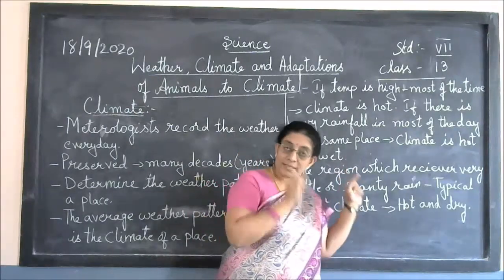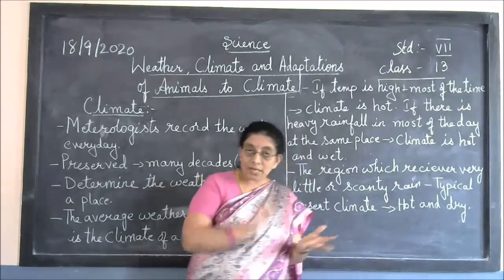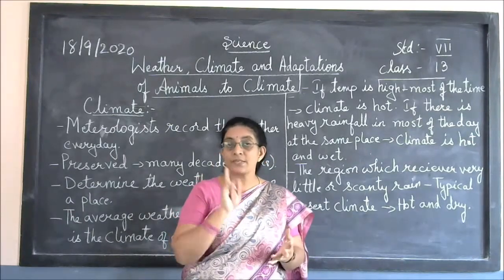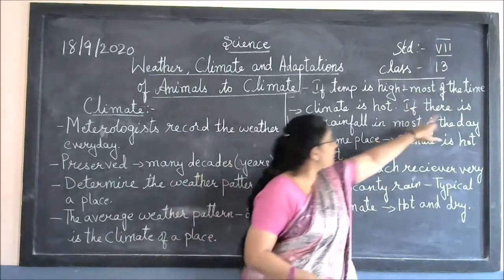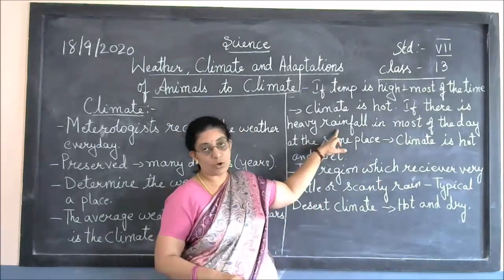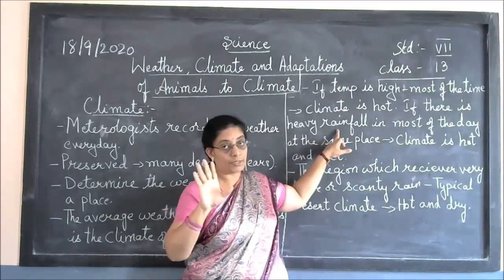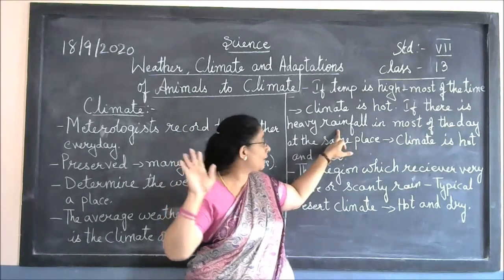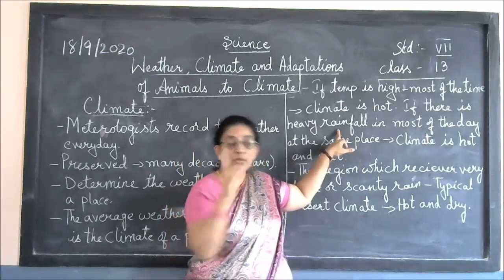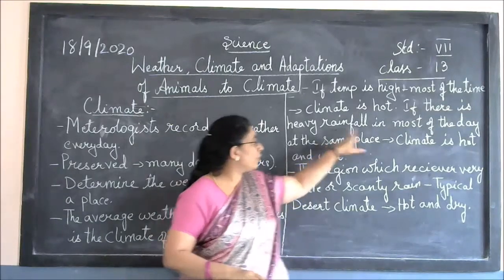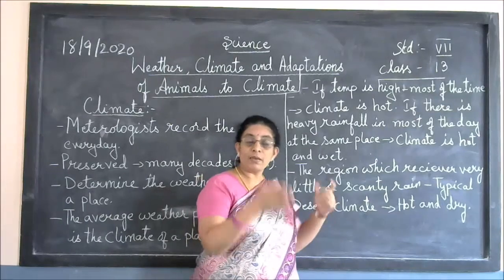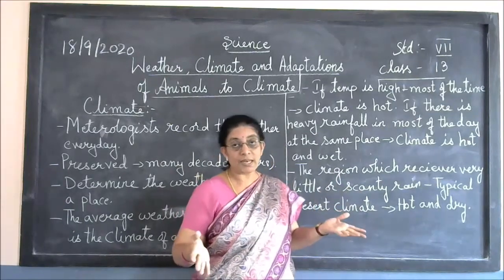And now in the same place, though it is hot, that same place still experiences rain. If there is heavy rainfall, the weather outside will be very hot, but still in that heat you have heavy rainfall during the day. Maybe for 2-3 hours continuously they have rain.